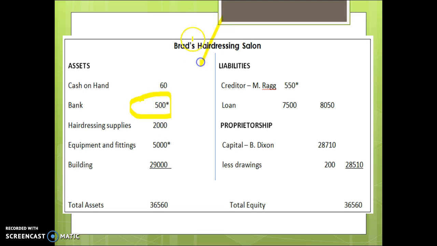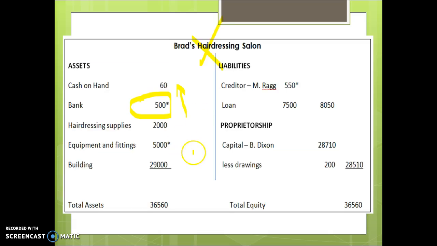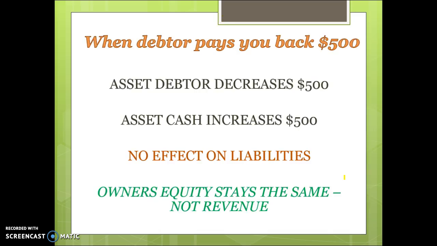These are different figures, so ignore the actual document, but your bank would increase 50 if the customer paid in cash. In this case they've done it on credit, so it would actually be an increase in debtors, and that would be $50. And then you'd have another transaction where our net profit increased on the right-hand side by the same amount, $50.